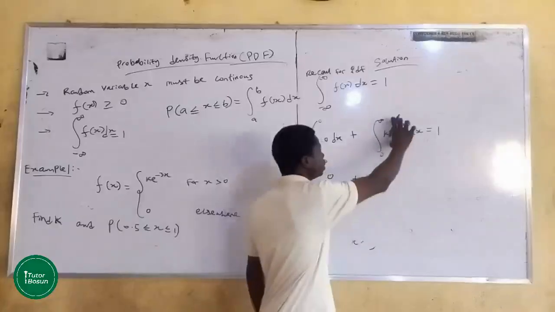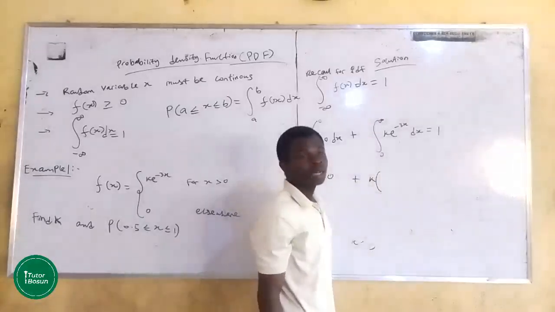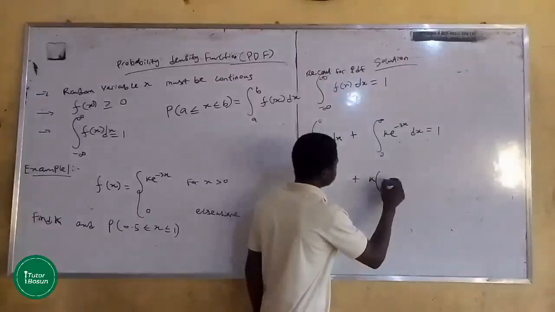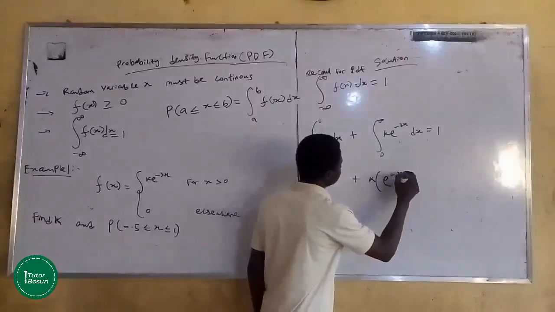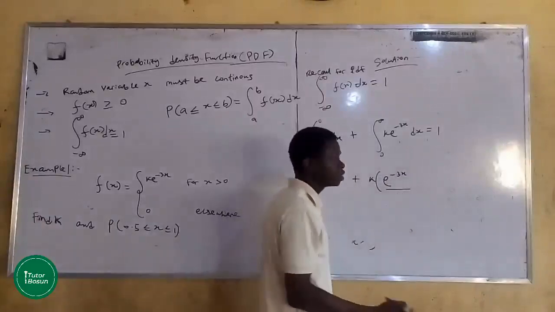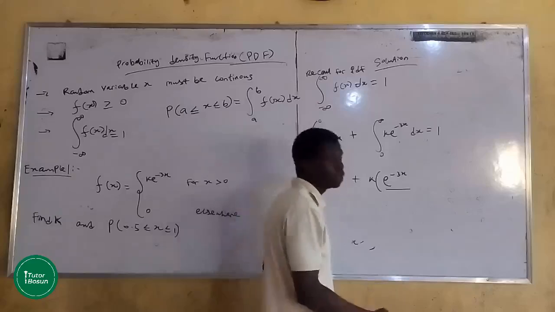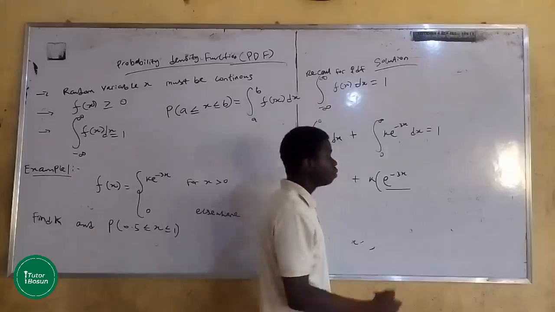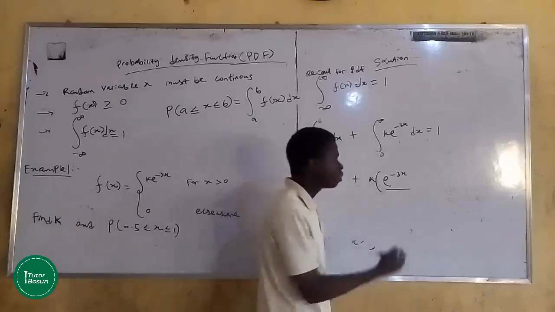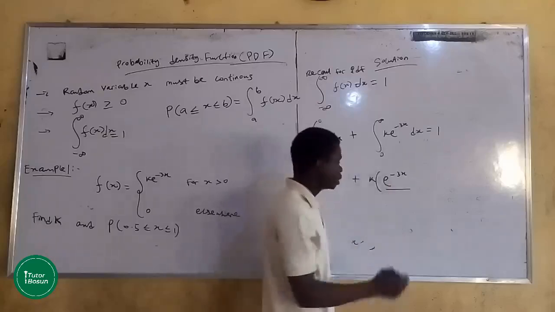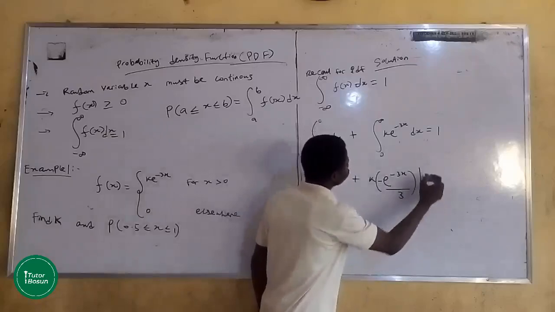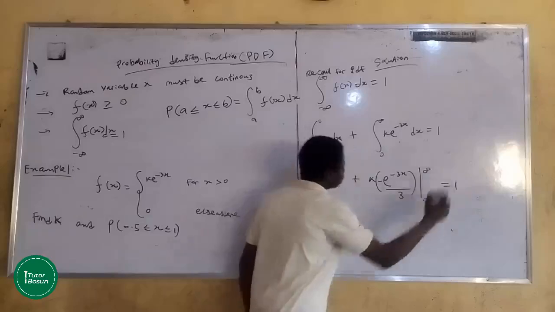Then you divide by the result of the differentiation. So here we have exponential minus 3x over minus 3. The minus in the denominator can also be brought to the numerator, so you have minus over 3, from 0 to infinity, equals 1.